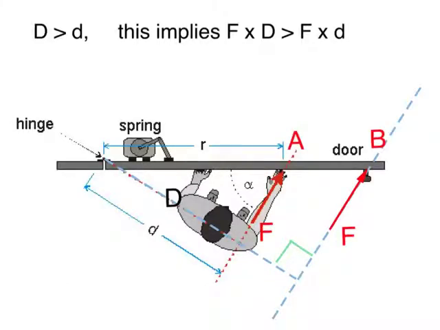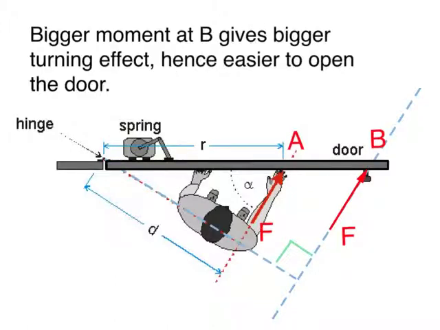Therefore, in order to give a bigger turning effect to the door so that I can open it more easily, I will apply the same force at point B. This is because if I were to apply the force at point B, it's going to give me a bigger perpendicular distance in comparison to the point at A, which is only giving me a perpendicular distance of this length. So with a bigger perpendicular distance, I'm going to have a bigger turning effect and I will open the door more easily.